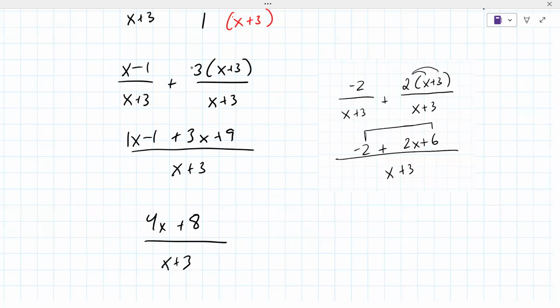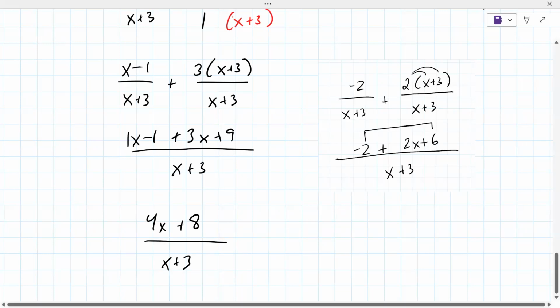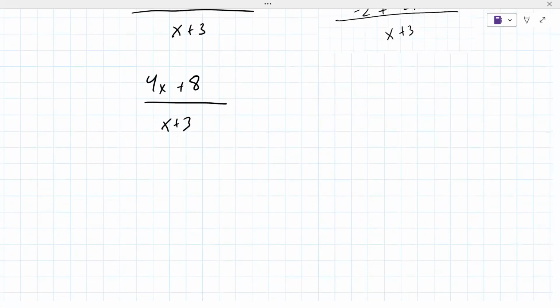State the x-intercept. So how do you find the x-intercepts when it's in this form? What is the x-intercept? What is the rule?